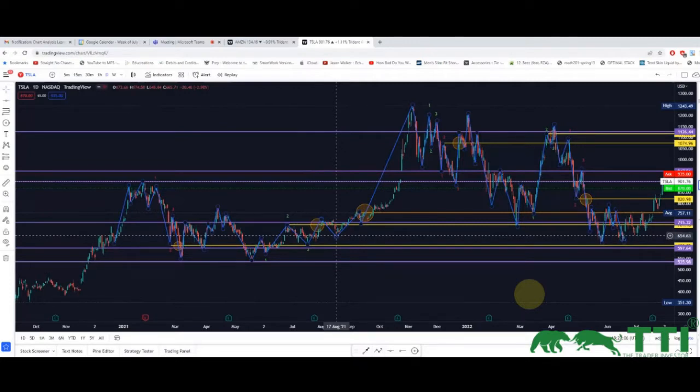The second possibility, you see where you have the second circle? So that area, it broke out of that resistance, the resistance that's at the bottom of it, the purple line.